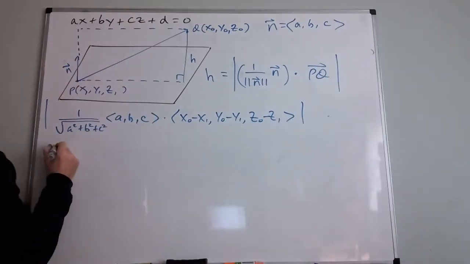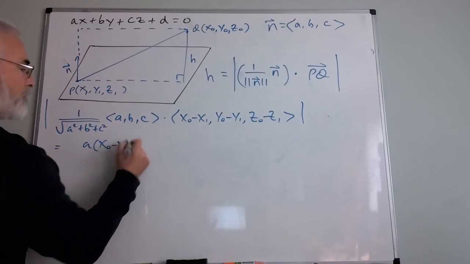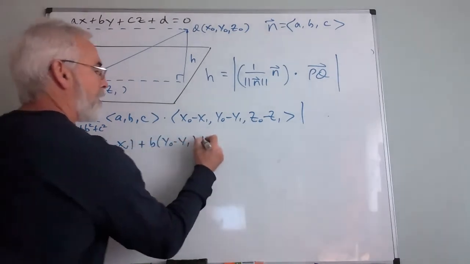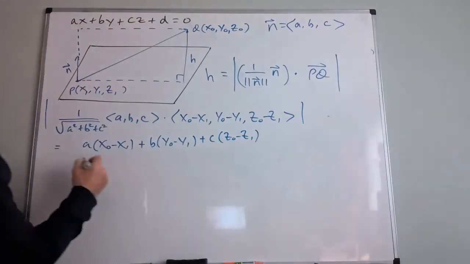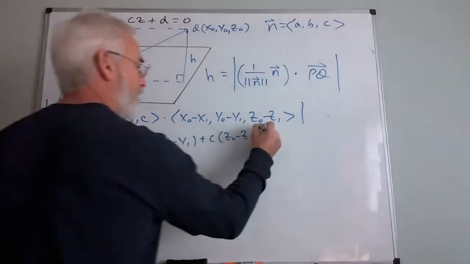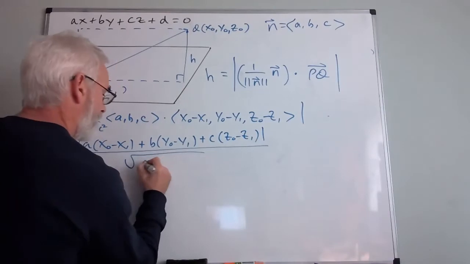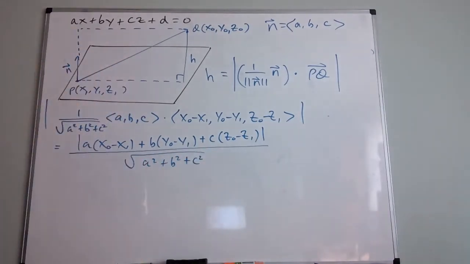So when I do that, I'm going to get a times x naught minus x1 plus b times y naught minus y1 plus c times z naught minus z1 in absolute value over the square root of a squared plus b squared plus c squared. Now I don't need absolute value because that square root is strictly positive already.